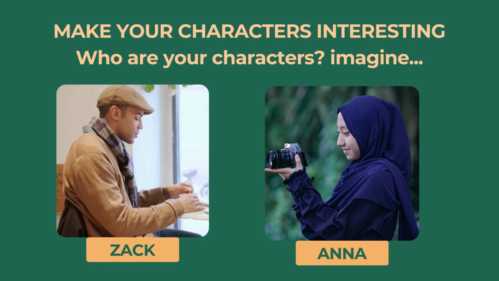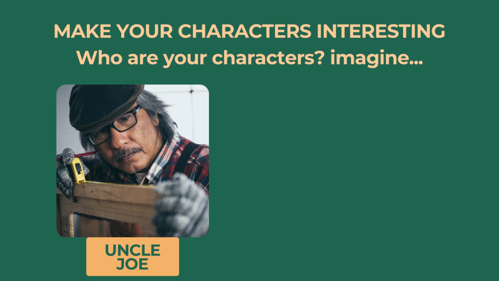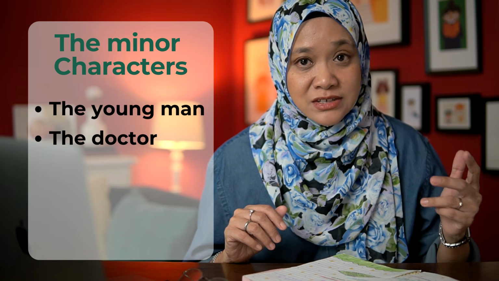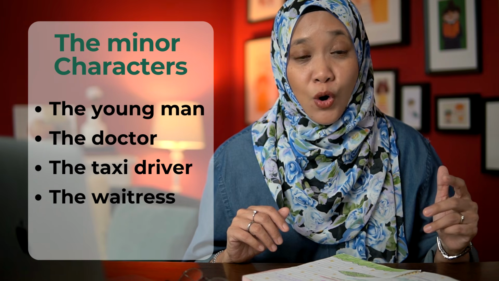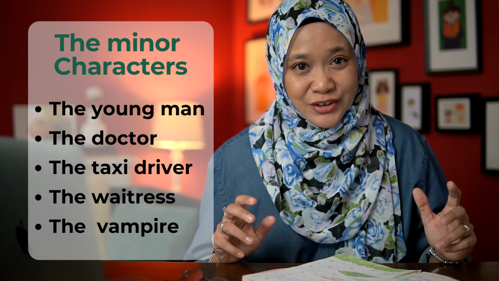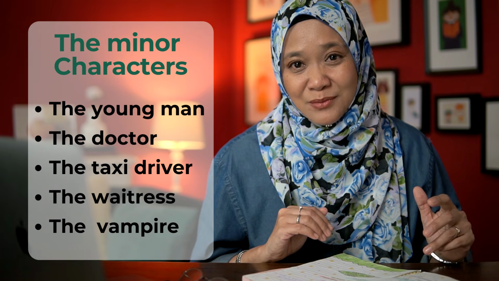Zack, Anna, Uncle Joe, Coco. If you have minor characters, you may just address them as the young man, the doctor, the taxi driver, the waitress, or the vampire. You may describe the characters based on appearance, personality, habits.